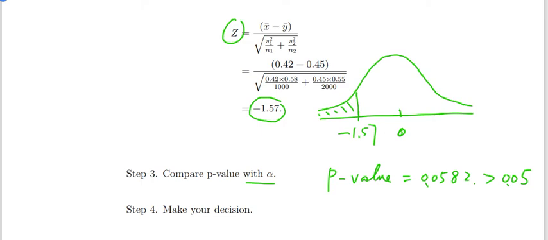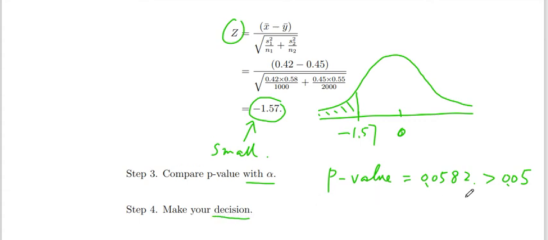We can say this is a small number, or that the difference between the two percentages, about 3%, is not so big. So we still cannot say candidate B is more popular than candidate A. This is how we use the p-value, comparing it with alpha to make our decision.